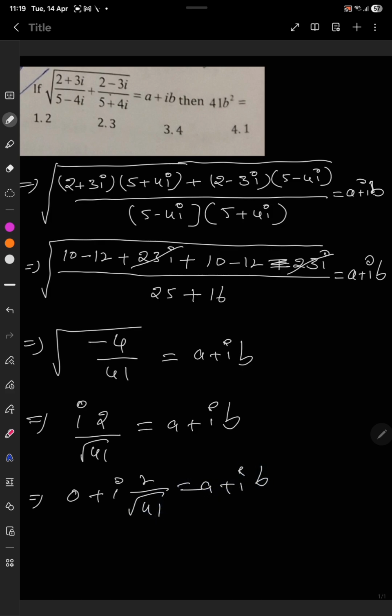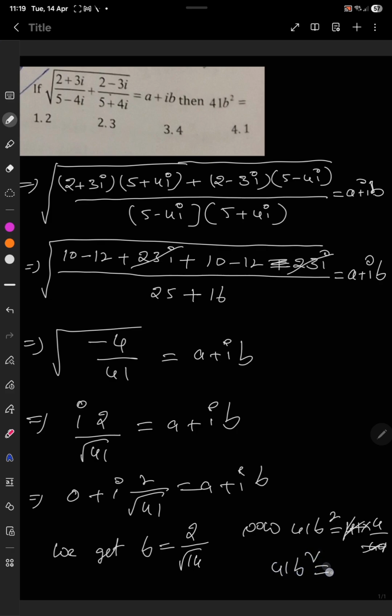By comparing real parts and imaginary parts, we get b equal to 2 by root 41. Now we have to find 41b square, that is 41 into b square, 4 by 41, 41 cancel, so 41b square is equal to 4. That is third option.